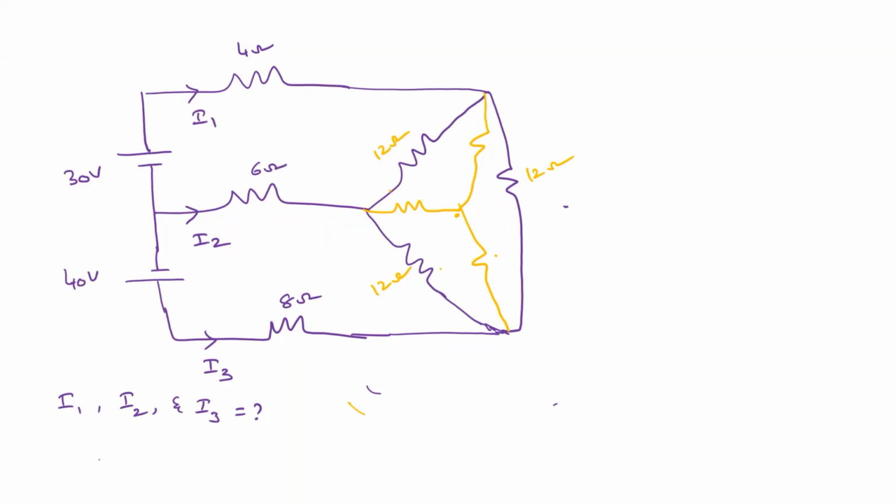What is its equivalent value? 12 ohm is the delta, what is its equivalent star? 4 ohm, all 4. So now we can erase this, right? Okay. So what are you left with now?